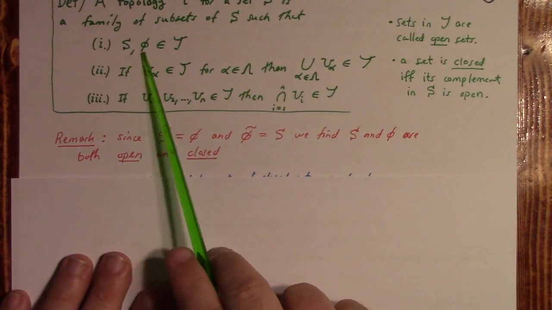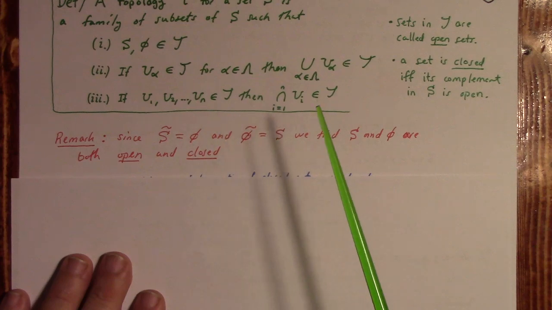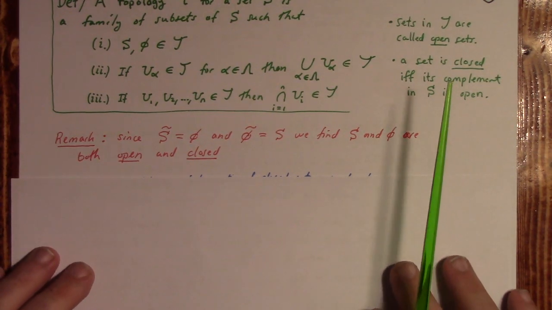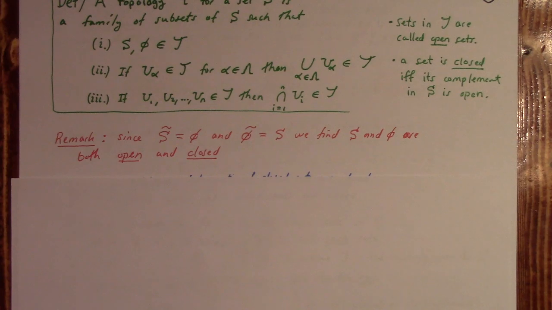By definition of topology, they're in the topology, and their complements are also in the topology, so they're both open and closed. So open and closed are not mutually exclusive categories. You can have a set which is both open and closed. You can also have a set which is neither open nor closed. That can also happen sometimes.